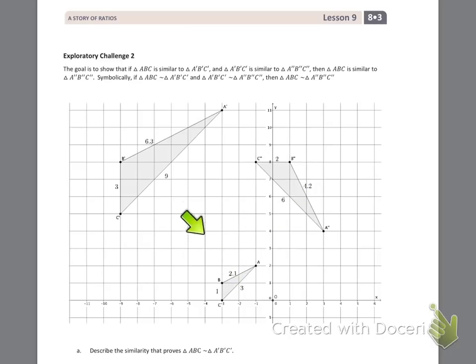So notice this was a scale factor of 3 going this way, and of 2/3 going this way, and then a scale factor of 2 going between these two. So even though the scale factors between the pairs of triangles are different, they're still in proportion to one another. We can find the scale factor.